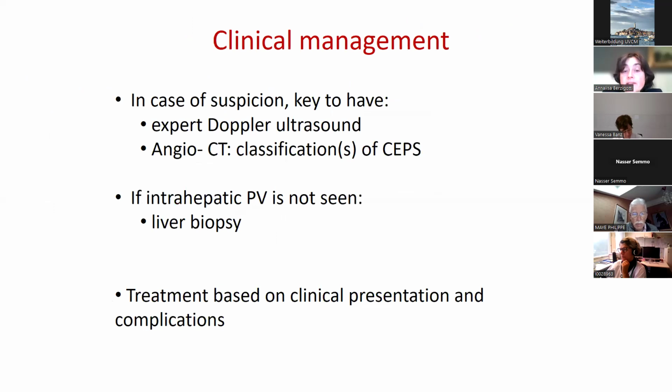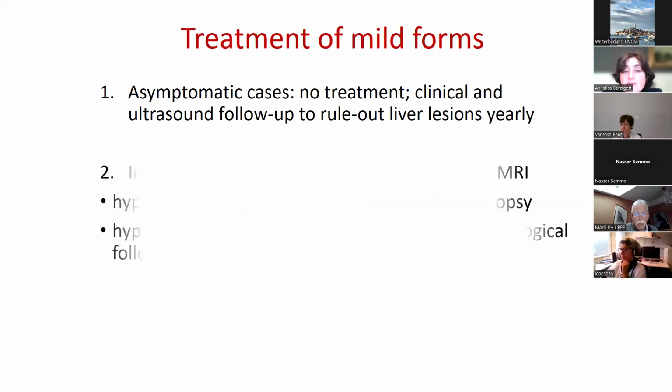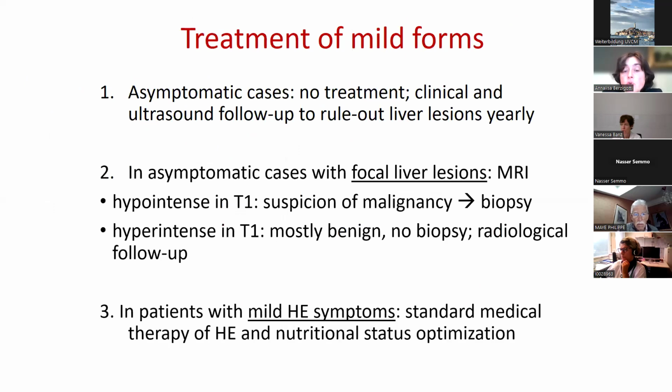Clinical management depends on what you are seeing, and again, on clinical complications. Complications mostly are encephalopathy, as we said, and in children, growth retardation. There can be others, but we will not go through them. The important thing is to look at the biopsy, and we will go through that. In mild forms, the most important aspect to be considered are focal liver lesions.